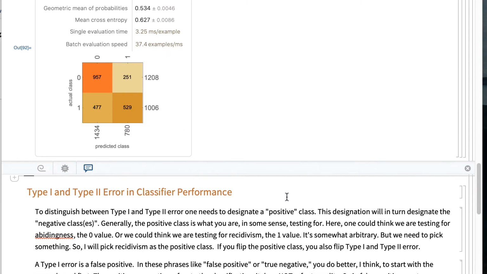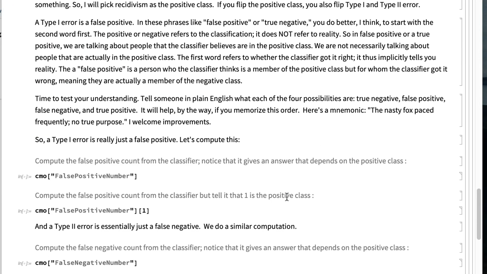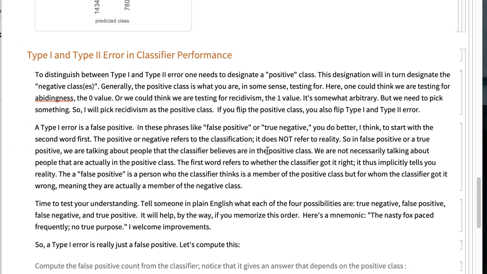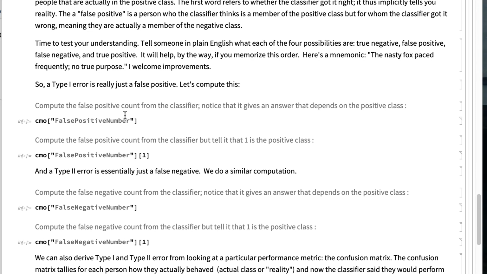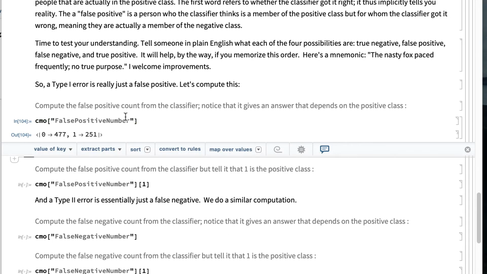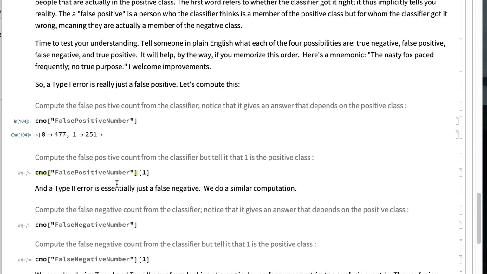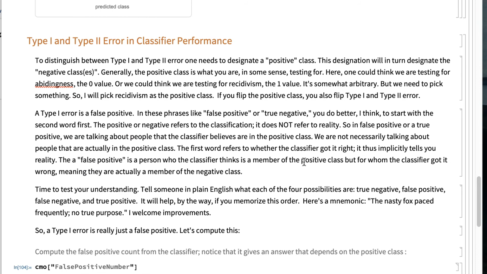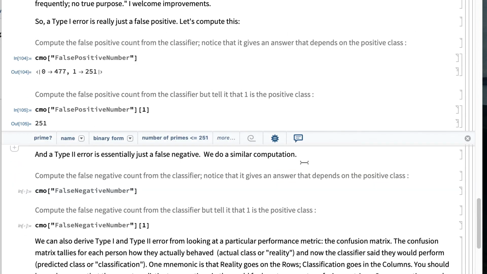In Wolfram Language, once you have a ClassifierMeasurements object like the one we generated here, you can just ask it for the false positive number. If 1 is the positive class, it is 251. That's this number right here. That is the type 1 error.